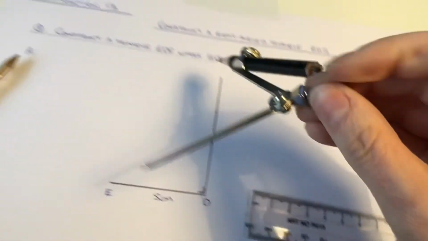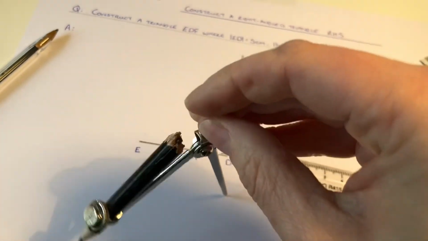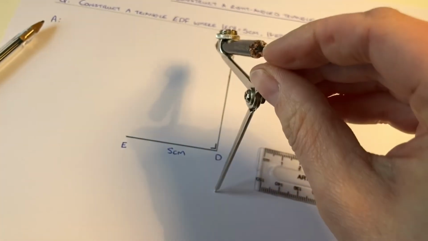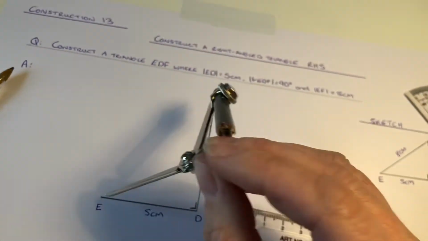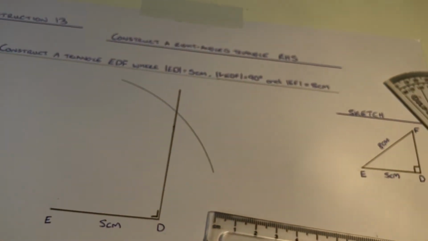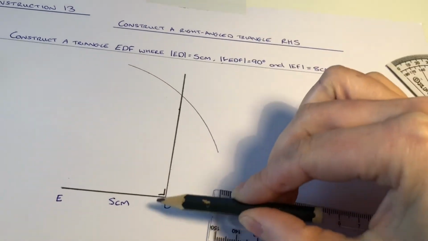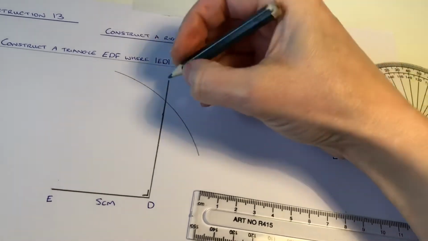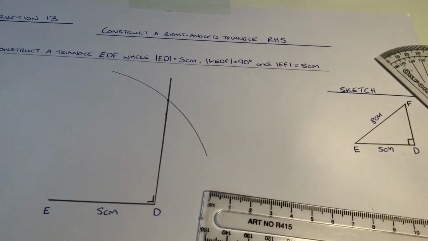So that means from wherever I place the point of this needle down and I curve around, that arc is always going to be 8 centimeters away from that point. So by placing my point onto E and curving around, creating an arc, we see that it does intersect our perpendicular line that we created already. And that point of intersection then will be our vertex F.